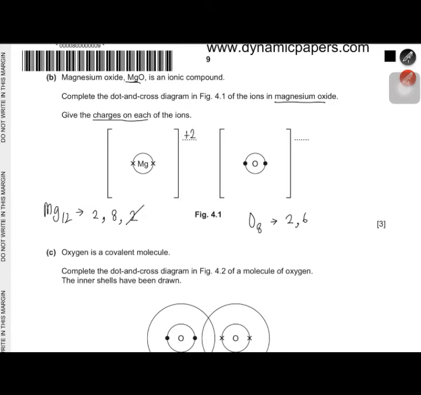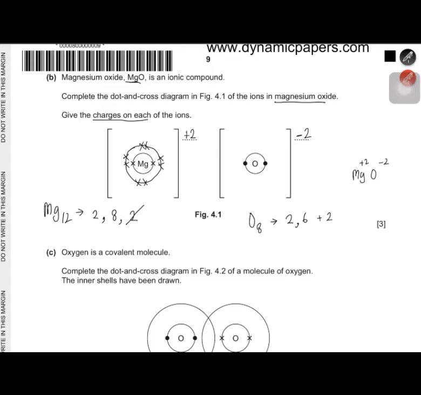Let's try to draw it. 2 of them are already drawn and we have 8 more. 1, 2, 3, 4, 5, 6, 7, 8. This is +2, this is -2. Oxygen, on the other hand, gains 2 electrons. The overall charge becomes -2 because it has 2 extra negative particles.